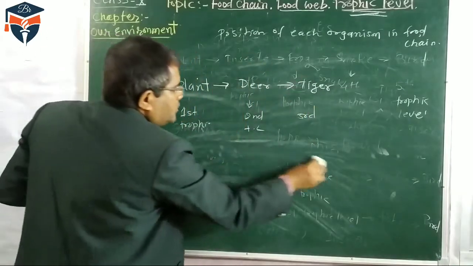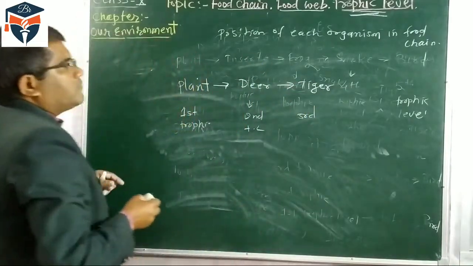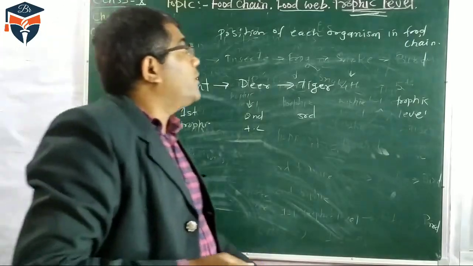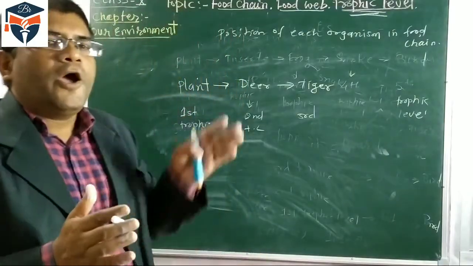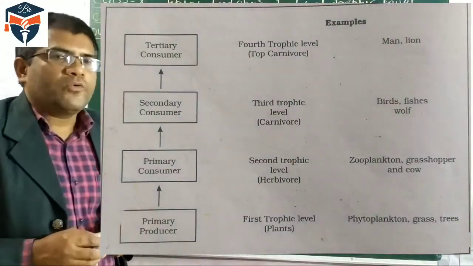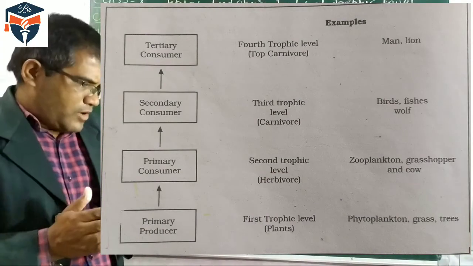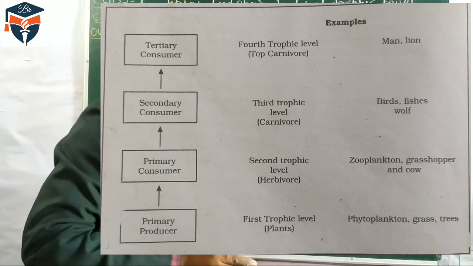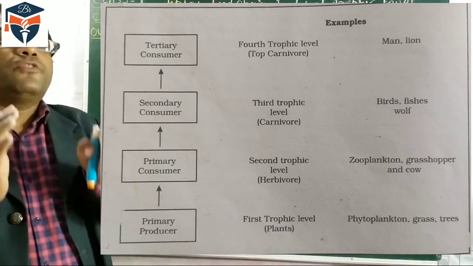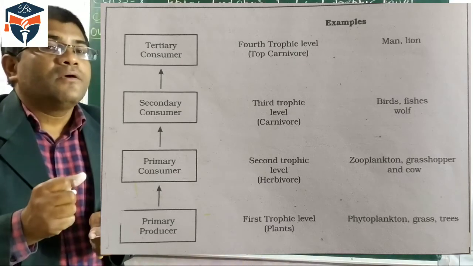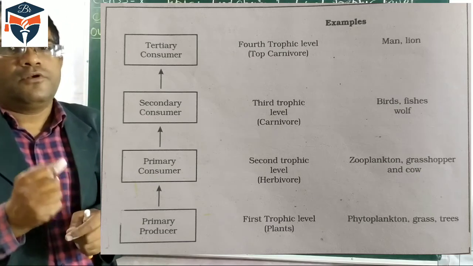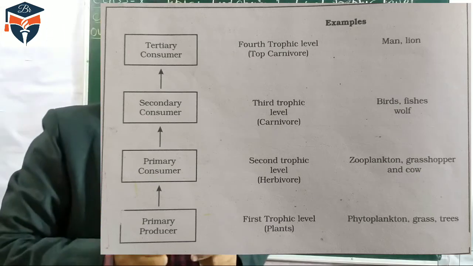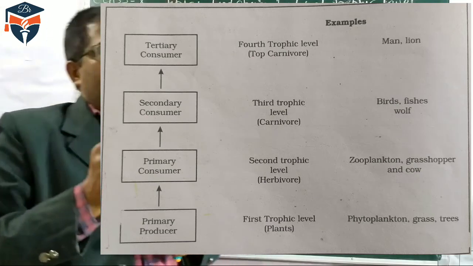So the position of each organism in the food chain is known as the trophic level, and in the diagram also you can see the trophic level of different organisms, the different positions of the organisms in the food chain.